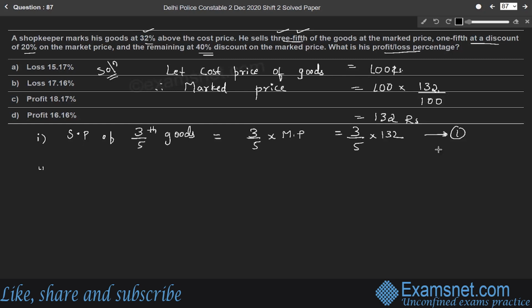So next part of the question: selling price of 1/5 at a discount of 20% on the market price. Before going to the 1/5 part, let us calculate the selling price when a discount of 20% is given.